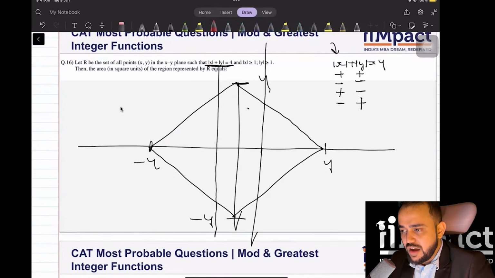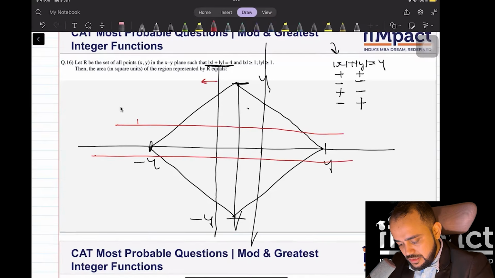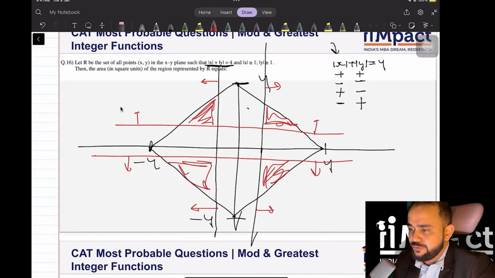And you have mod y greater than or equal to 1. So it will look something like this. So you will essentially have this and this area, this and this area, this and this area, and this and this area. So basically this triangle, this triangle, and this triangle. These are the areas that I have to find.